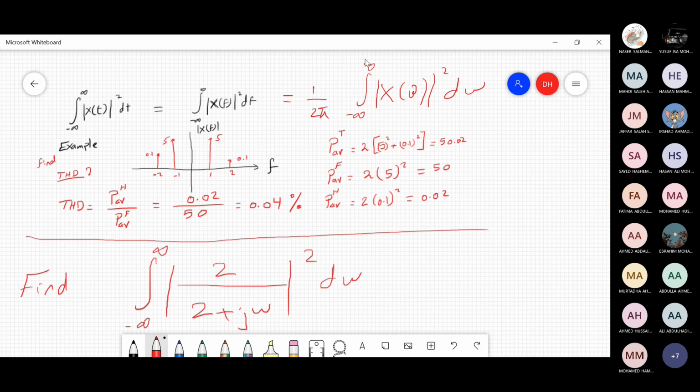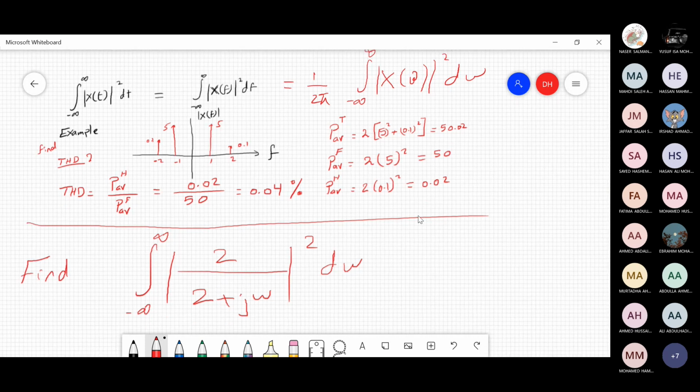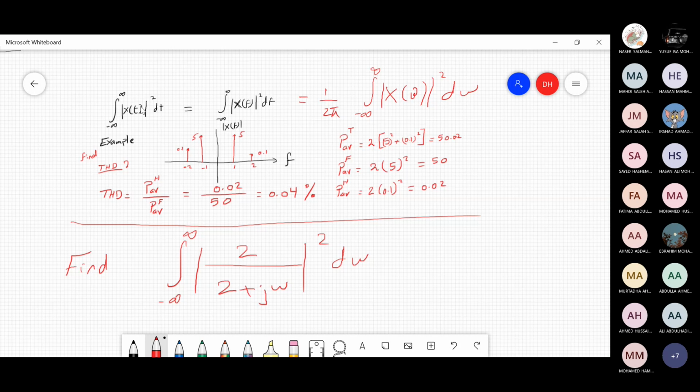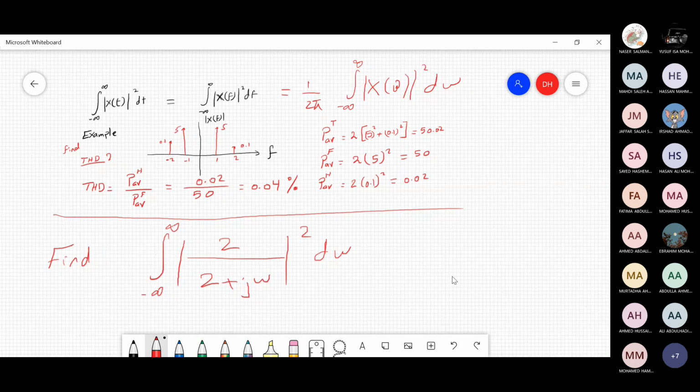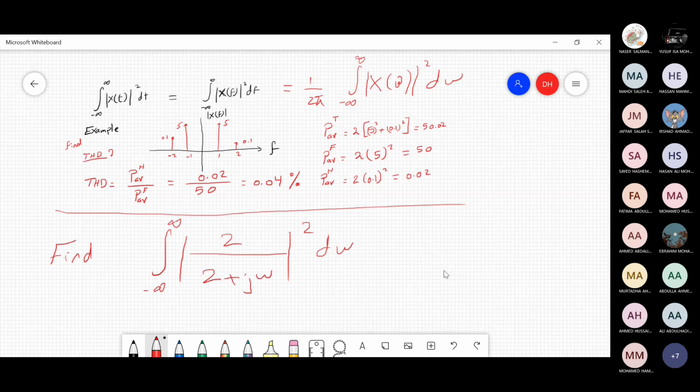Okay, this is similar to this one. This is similar to this. Which means that if I multiply both sides by 2 pi, then it is equivalent to this one.